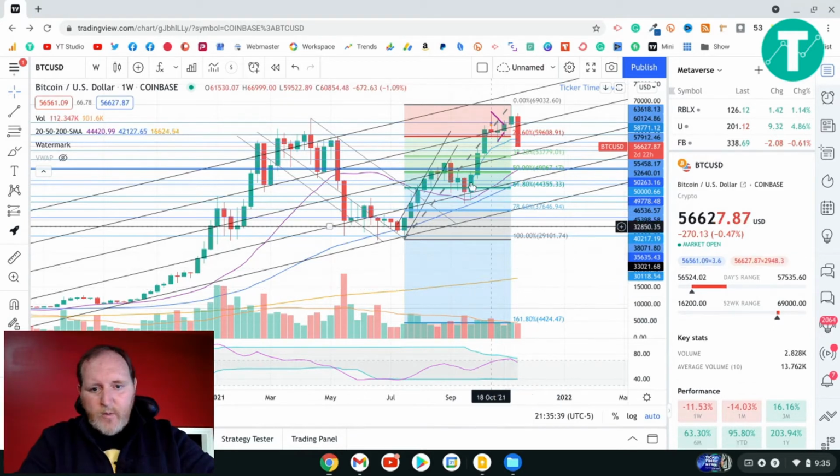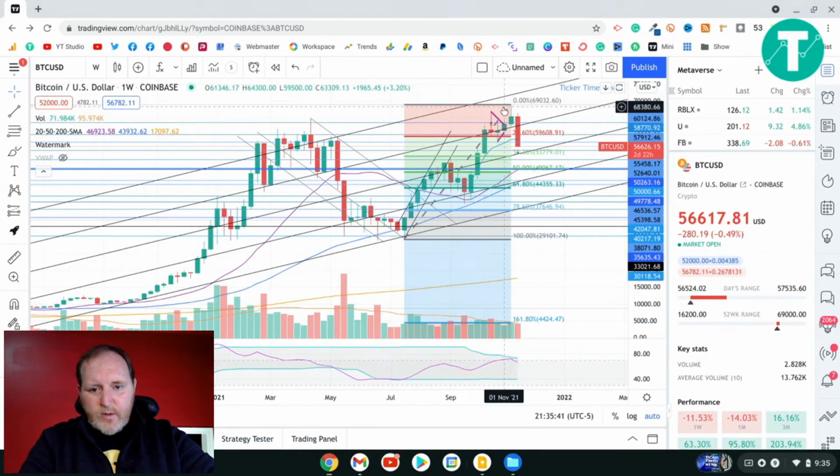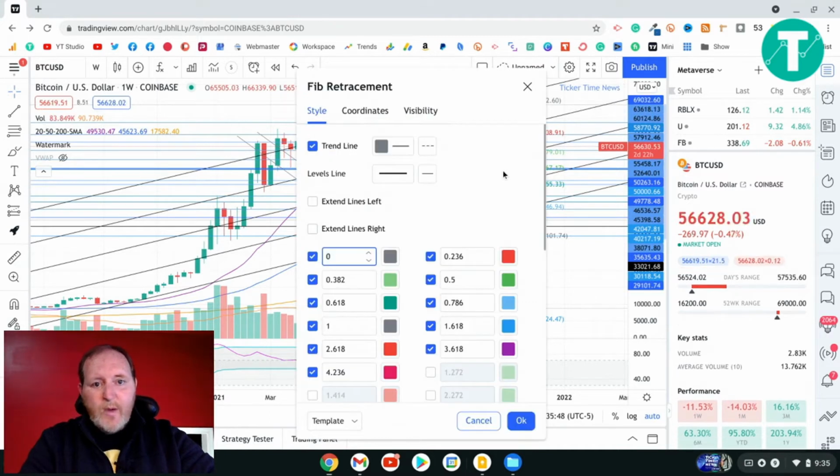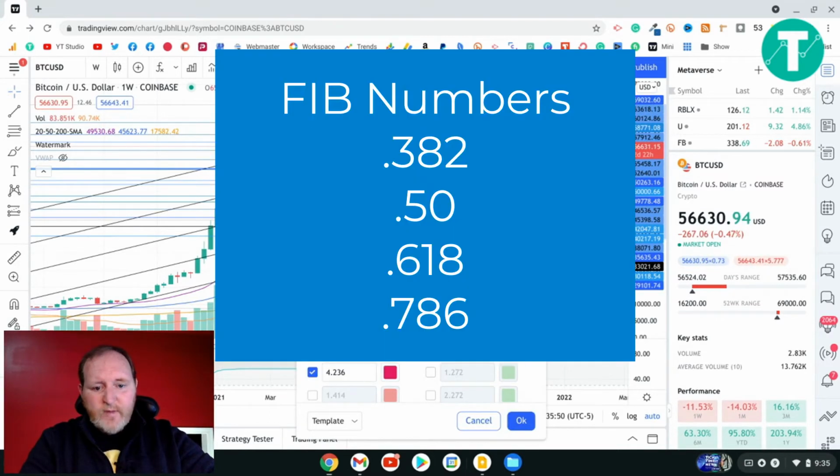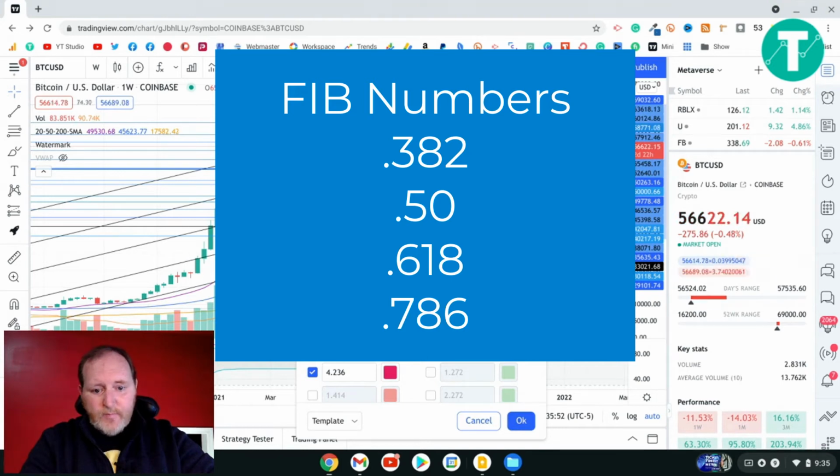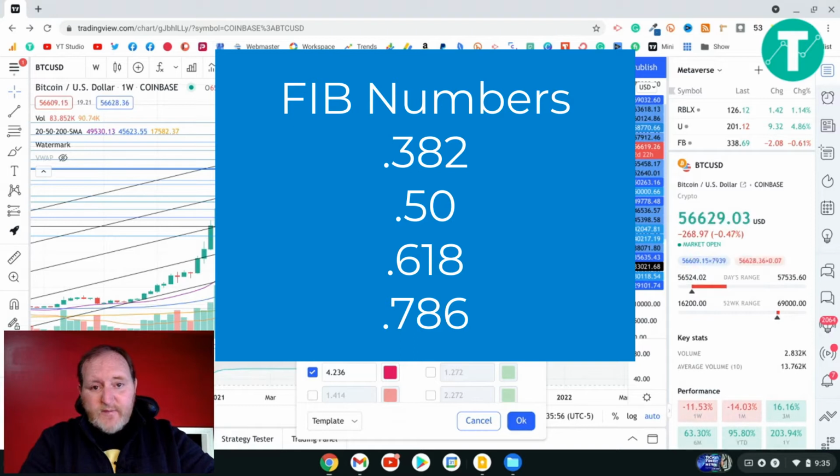Now we want to go into settings on the Fibonacci retracement tool. And we want to make sure that we have the 0.382, the 0.5, the 0.618, and lastly, the 0.786.